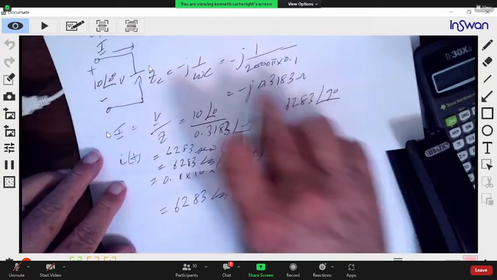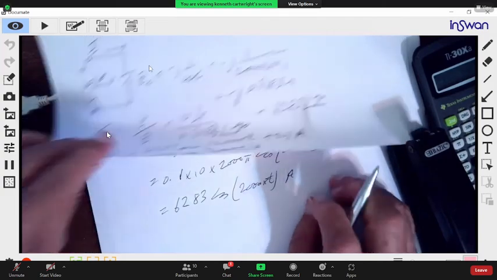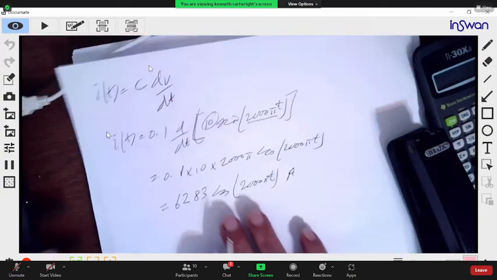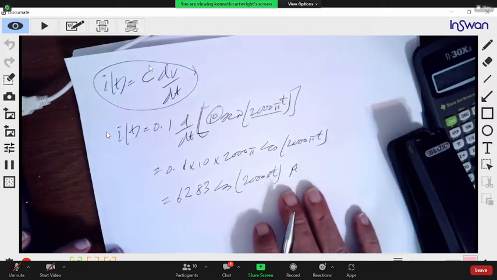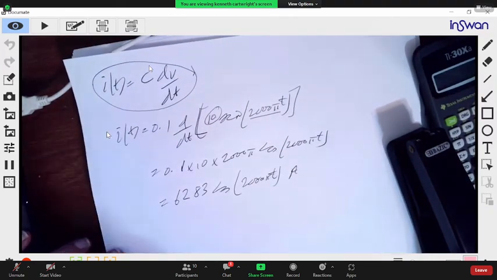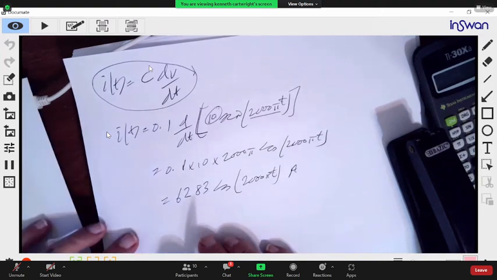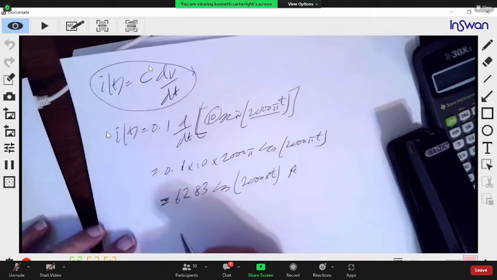So we could do it the long phasor way, or we could do it the short time domain way. But we've got to know how to take the derivatives of sine waves. Go and look that up, and be sure you know it before next class.